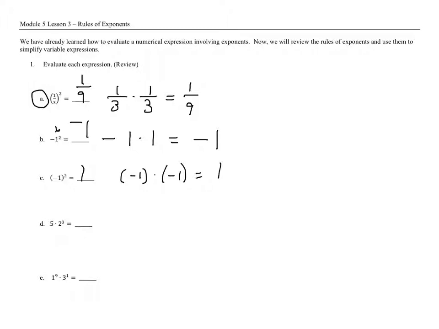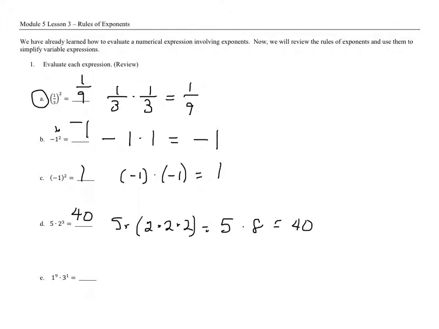Next one, D, the exponent always comes before multiplication. So we're going to do 5 times 2 to the 3rd, which really means 2 times 2 times 2. So it would really equal 5 times, 2 times 2 is 4, times 2 is 8. 5 times 8, which is 40.